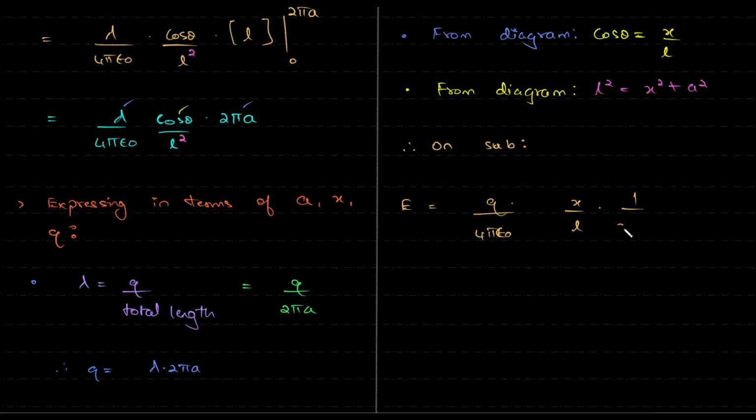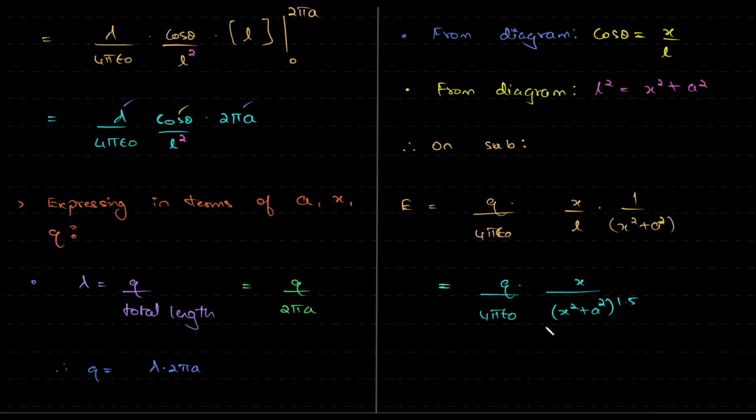And L square is x square plus a square, and substituting for L, what will you get? Root of x square plus a square. So basically, we have q x by 4 pi epsilon naught, x square plus a square to the power of 3 by 2. I can write it as 1.5. And this is your final expression.